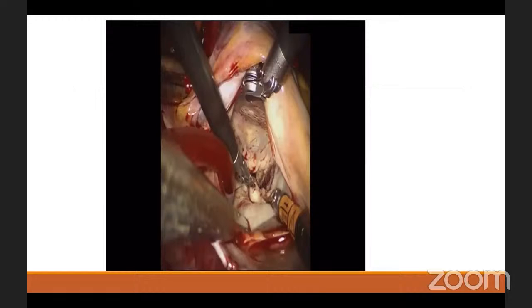But quadrangular resection is a good technique. You can still use it, but you have to be careful, especially if you leave a big defect at the annulus, because you either have to do a sliding plasty or a foldoplasty, or you have to plicate the annulus.